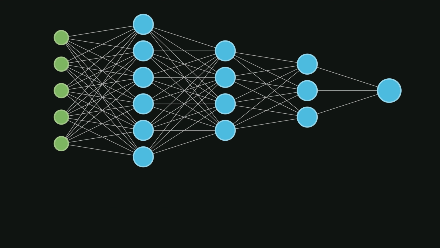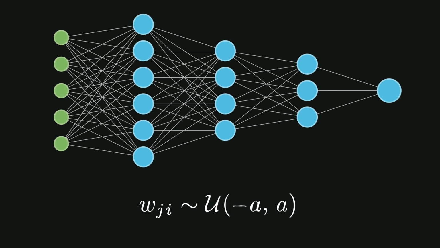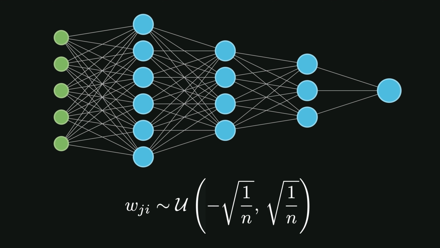Now, there is also a uniform distribution we can use to randomly initialize weights. But the problem stays pretty much the same. If the range is too small, activations shrink and gradients vanish. And if it's too wide, activations blow up or go to extremes, causing exploding gradients or dead neurons.